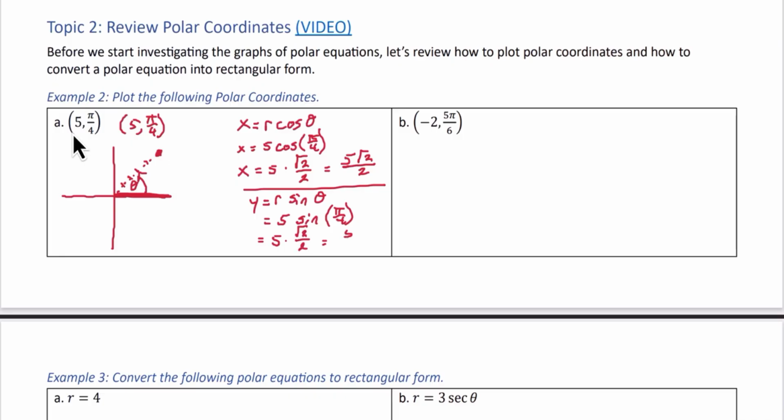So we get, again, 5 square root 2 divided by 2. Meaning that this point in rectangular form would be 5 square root 2 divided by 2, comma, 5 square root 2 divided by 2.